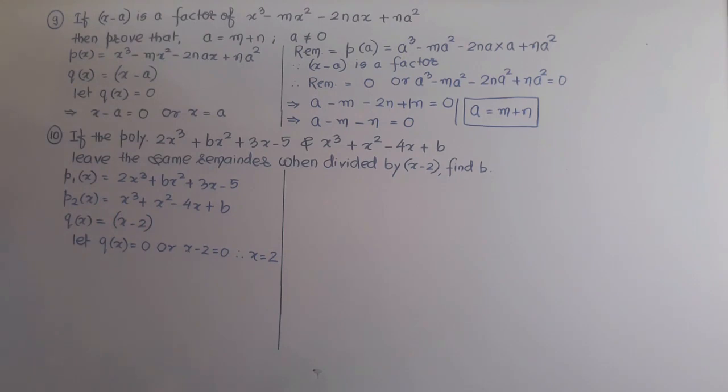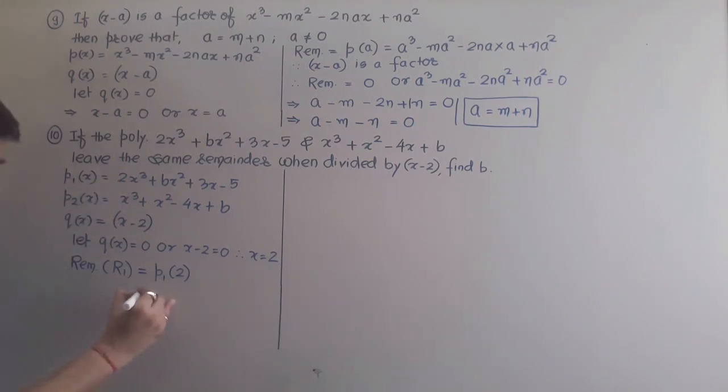So let us find out the two remainders. First, I will denote the remainder as R1, which is P1(2). When P1 is divided by Q(x), whatever remainder I obtain, I denote it by P1(2), because in P1 I am keeping the value x equal to 2.